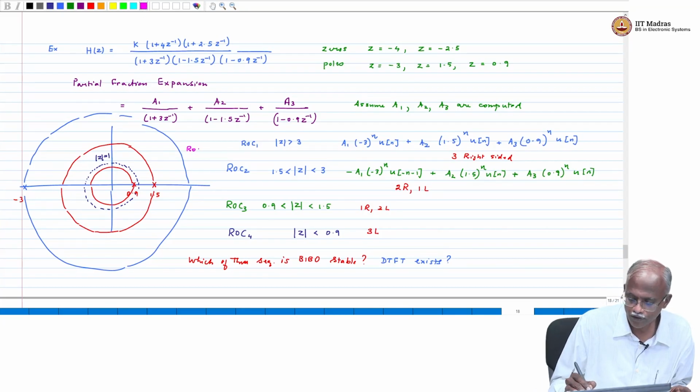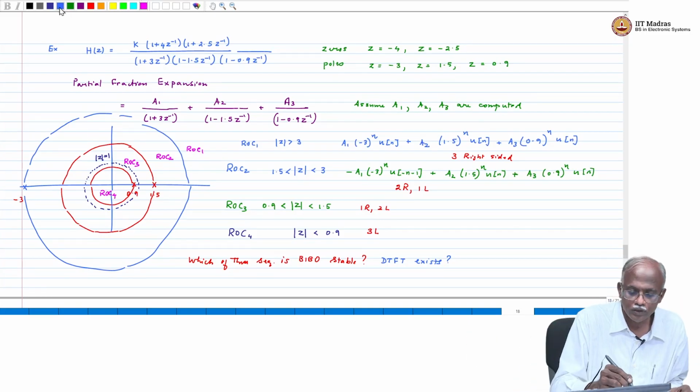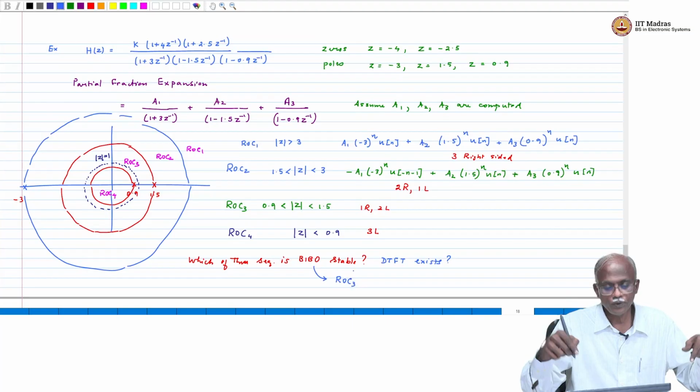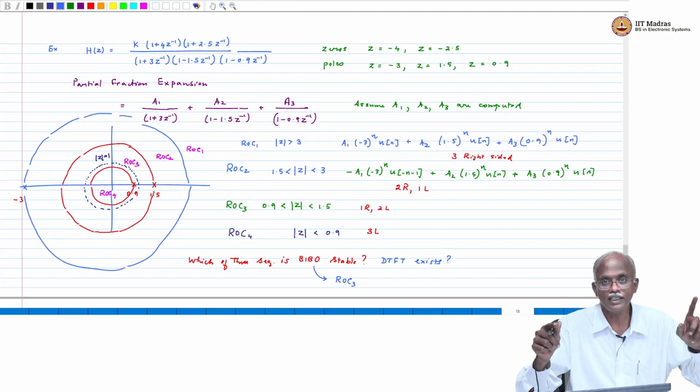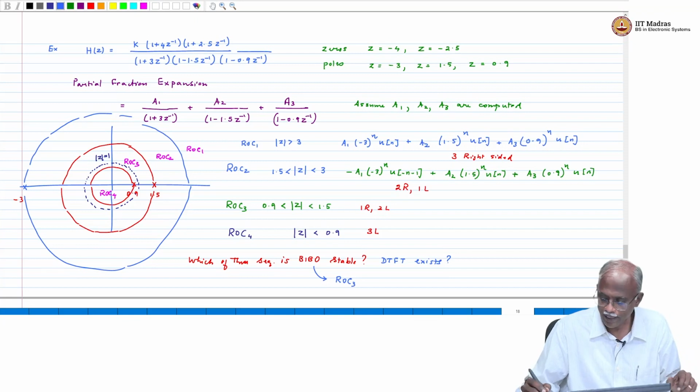The first one is ROC1, this is ROC2, then you have ROC3, and then you have ROC4, innermost all left-sided. So this is true only for ROC3, because that's the one that has got the unit circle. Because the unit circle is there, the DTFT will exist, and therefore it will be BIBO stable.